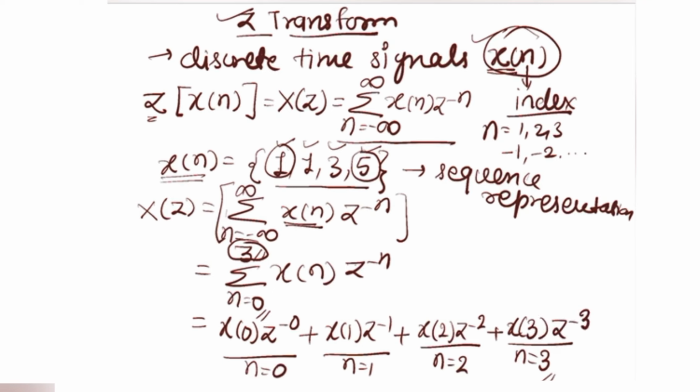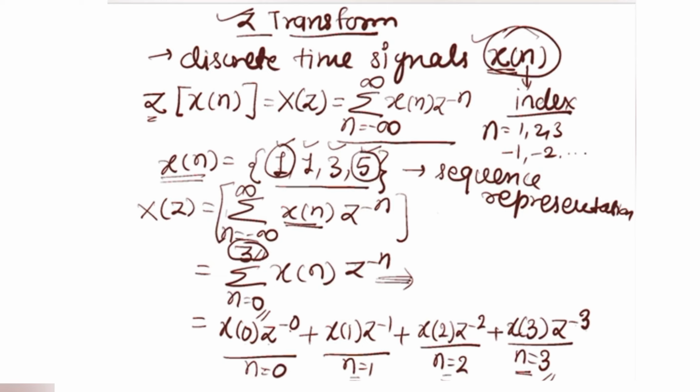So after expanding this summation, we get x[0] z to the power minus 0 for n equals 0, plus x[1] z to the power minus 1 for n equals 1, plus x[2] z to the power minus 2 for n equals 2, and similarly for n equals 3, we get x[3] z to the power minus 3.